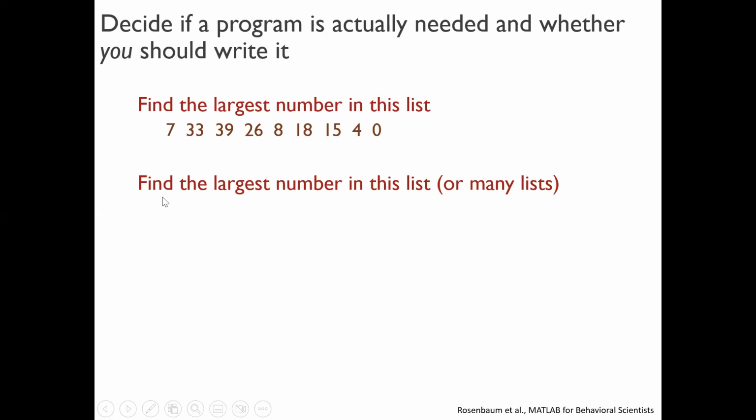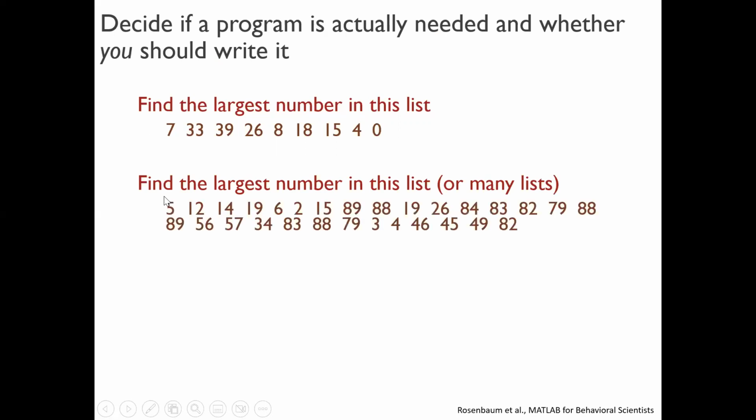But imagine now that you're trying to find the largest number in this list. Now the list is much larger, or maybe you have many lists like this. In this case, you might not want to scan through manually to find the largest number because you may be wrong. There may be human error in that process.